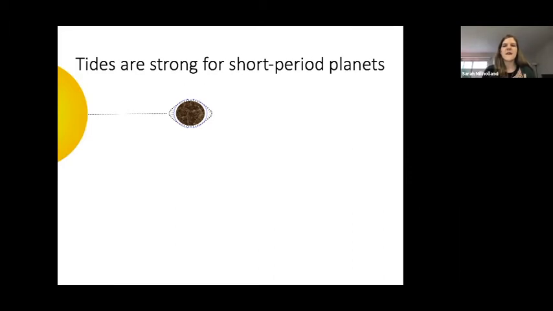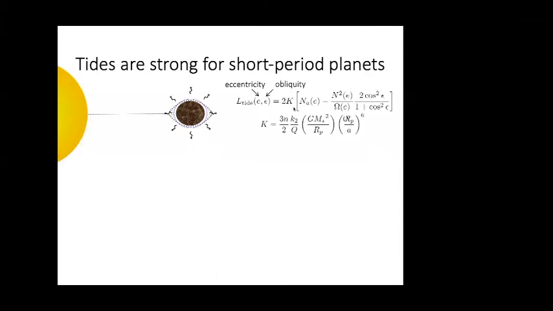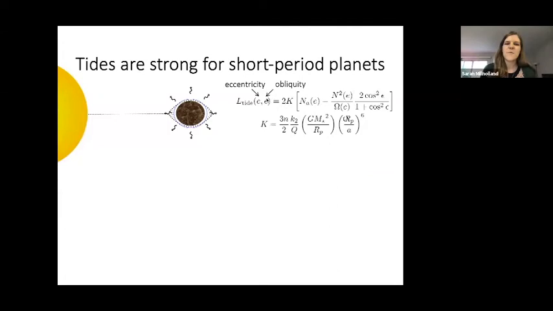In an equilibrium tide model, which is the simplest tide model that we can have, this tidal heating in the planet is given by an expression something like this that depends on the eccentricity of the orbit as well as the obliquity, or axial tilt, of the planet.